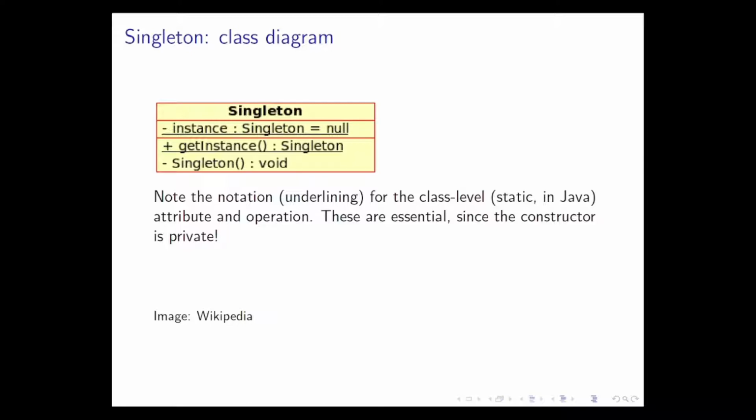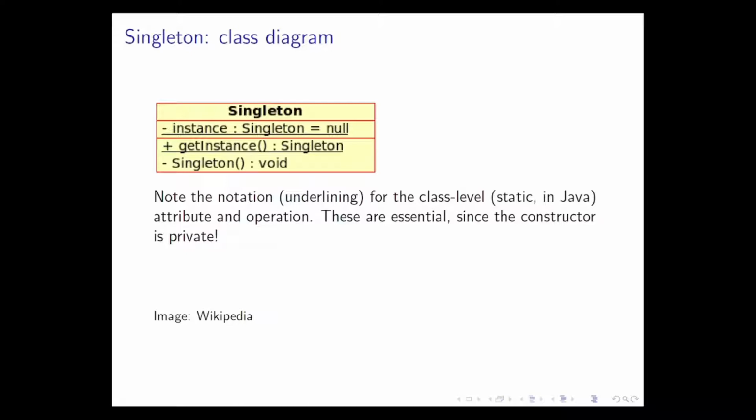In other words, when you want to access an attribute or send a message corresponding to the method, you aren't doing so for one specific object, you are doing so for the class as a whole. There is only one instance of these things. And of course that's essential, because otherwise you wouldn't be able to get started. The constructor is private. You can't create an instance of this Singleton in the first place.